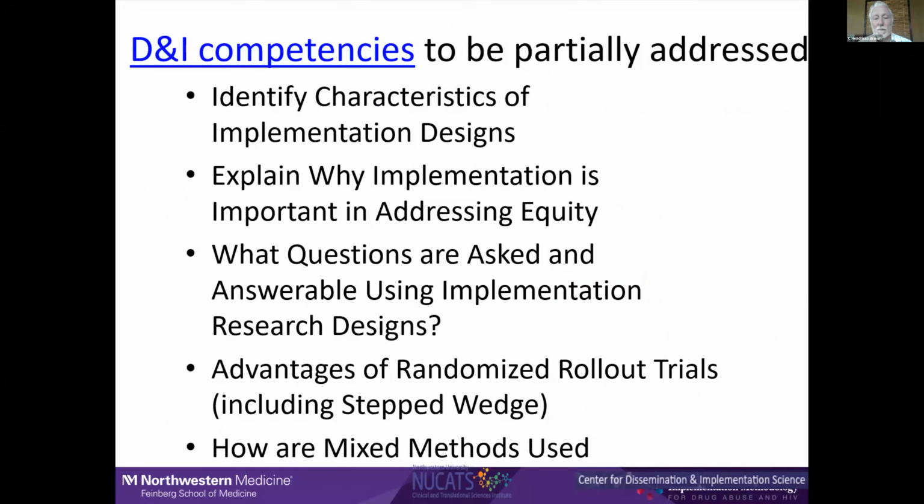We're going to identify some characteristics of important useful implementation designs, why equity is a critically important issue in implementation, what kinds of questions are asked and answerable by implementation research designs, the advantages of using what we call randomized rollout designs. They include stepped wedge designs, which we'll talk about, and also mixed methods. Next.